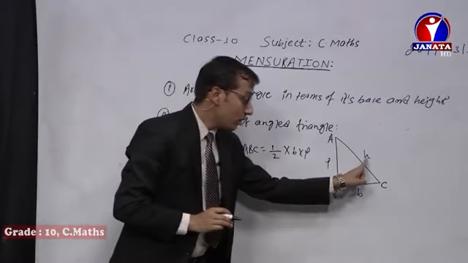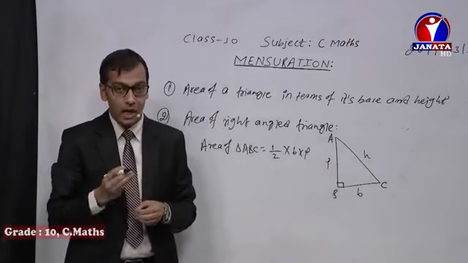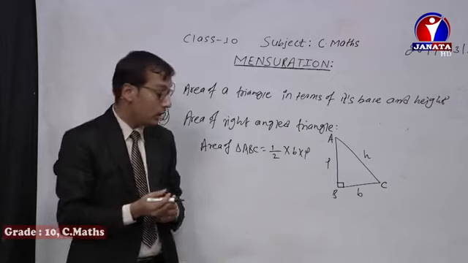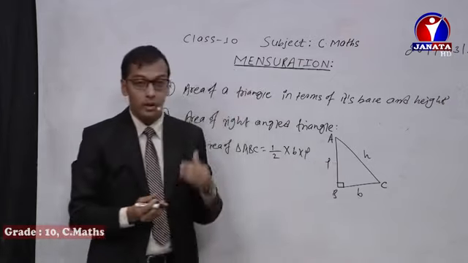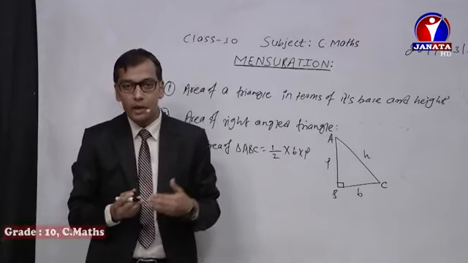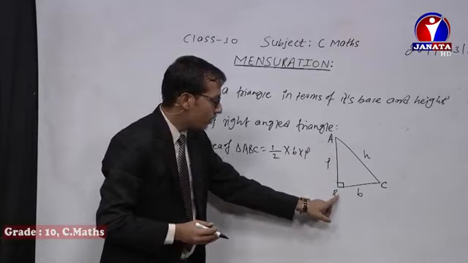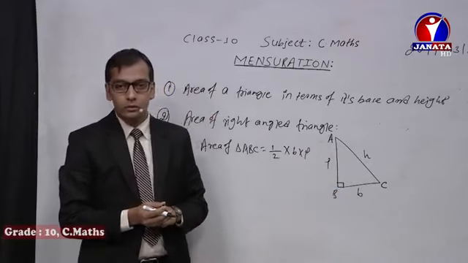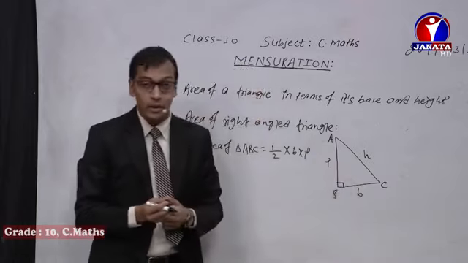Here H is not the height of a triangle. This is hypotenuse, the longest side of a triangle. So base is B and its height here is perpendicular, because height is always perpendicular to its base. Here AB is perpendicular to BC. So BC is a base and AB is its height.